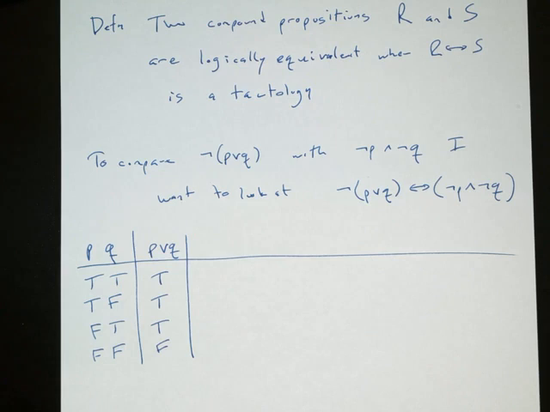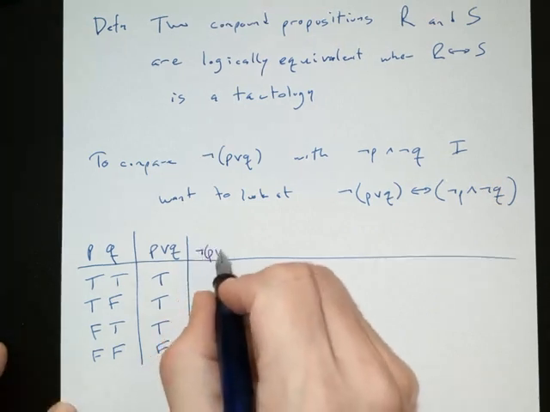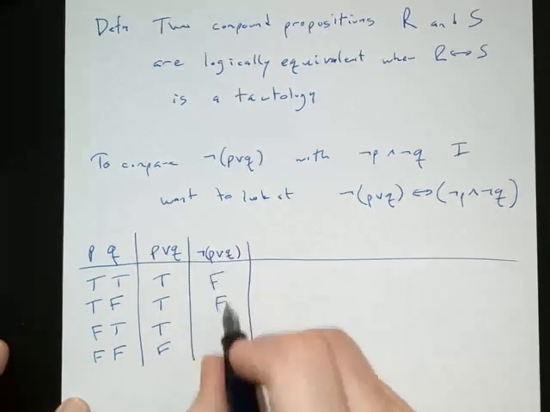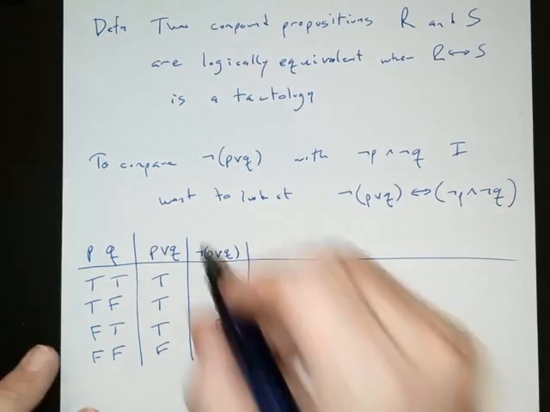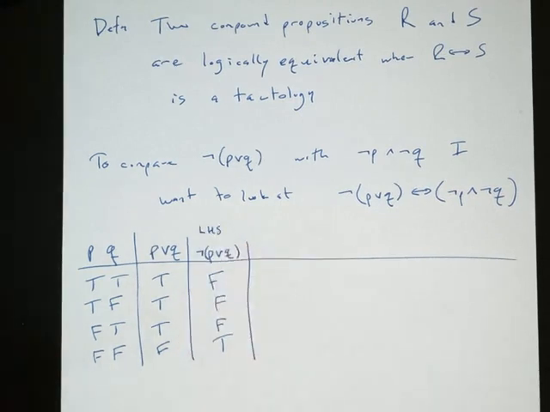To finish out the left-hand side, I negate this. Since that's my left-hand side, I'm going to remember that this is one of the columns I want to work with at the end. So I'm going to write LHS, left-hand side, top of that column.